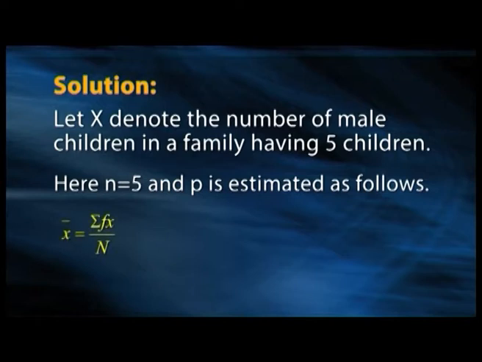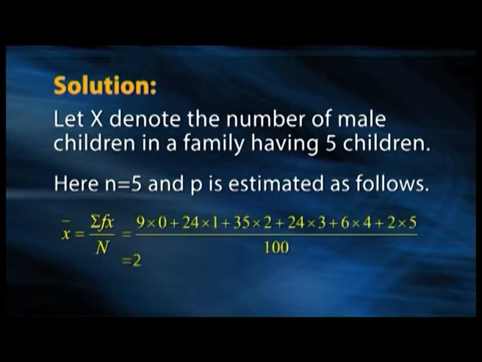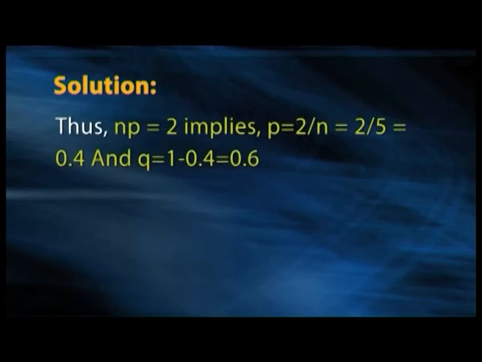The mean of the data is x bar is equal to summation f into x by n. By substituting f, x and n and simplifying, we get 2. Thus, n into p is equal to 2 implies p is equal to 2 by n.